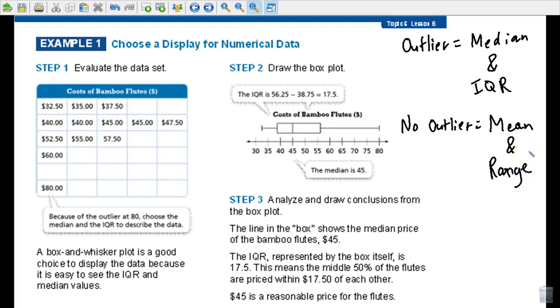If you've got any questions on what median or IQR, which stands for interquartile range, or mean or just regular range, if you have any questions about them, please get in the comments, okay?